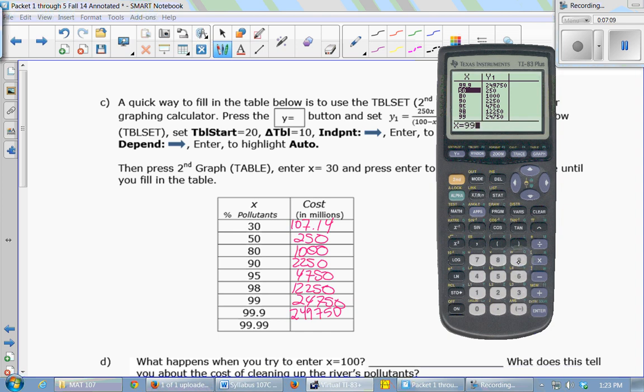And then what if I want 99.99? That says 2.5 times 10 to the 6th, which means move the decimal 6 places to the right. So I get 2, 5, and then 5 zeros. So that's $2.5 trillion.